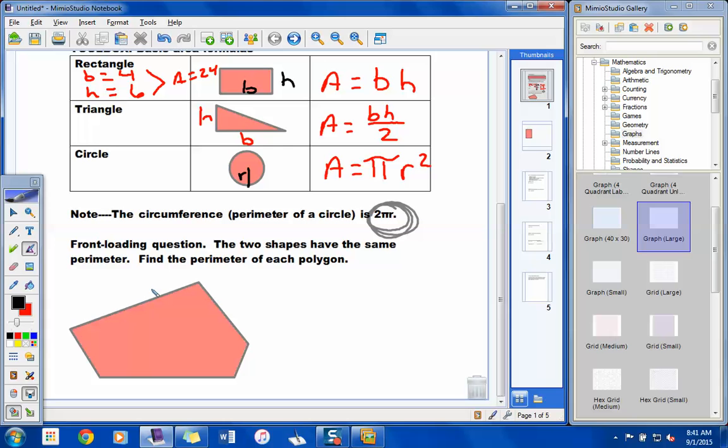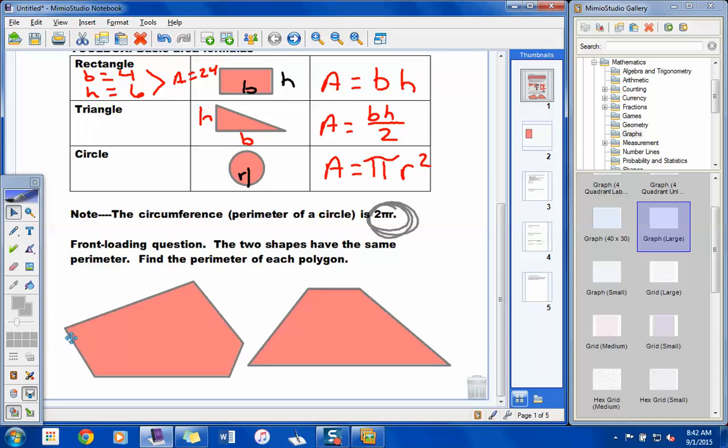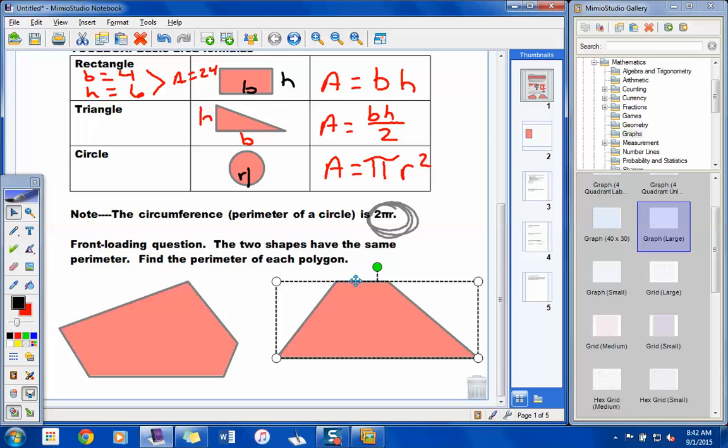Now I've got to think. So if you take a second, get those two types of shapes drawn right there. I'm going to label this an X, this distance an X, and this distance an X on those.